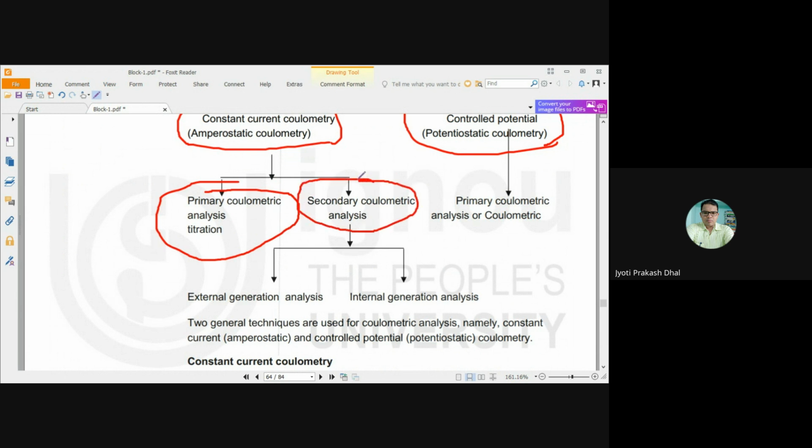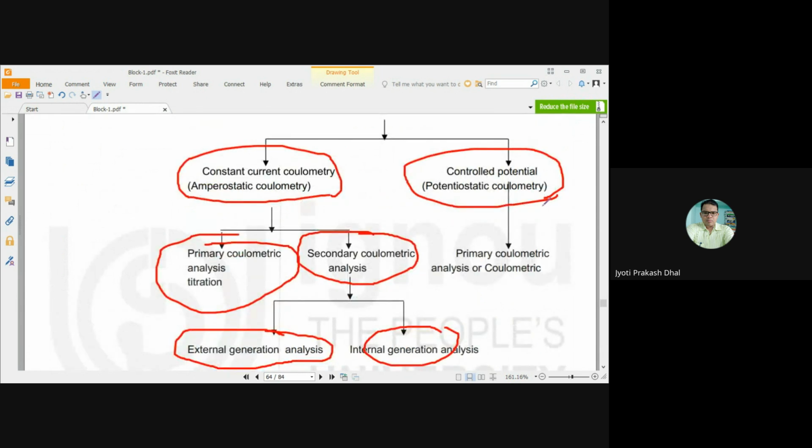In the secondary coulometric analysis titration, there will be either external generation analysis or internal generation analysis. Similarly, for controlled potential or potentiostatic coulometry, you will find the primary coulometric analysis.